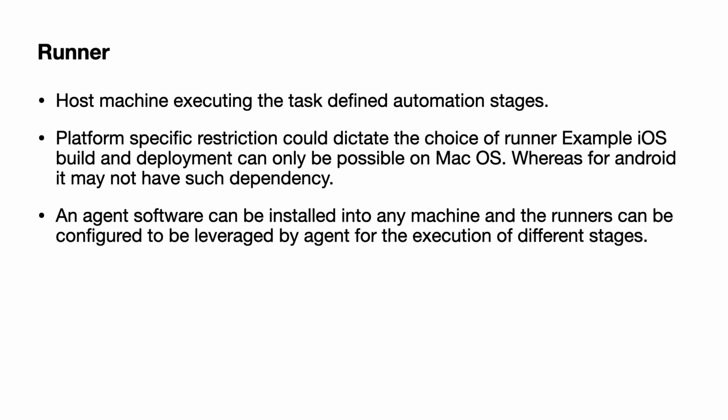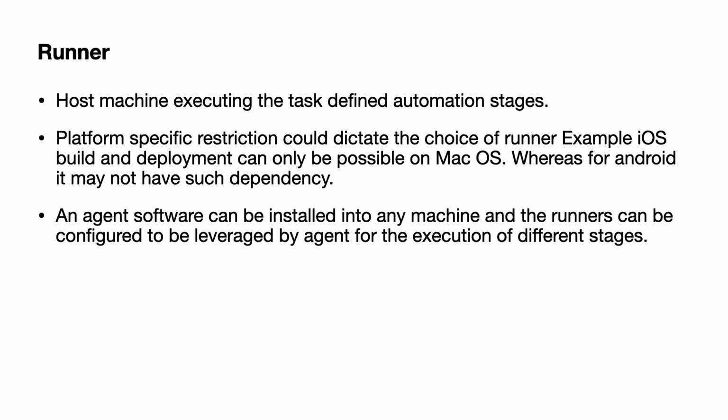An agent software also can be hosted on the runner machine. So what would happen is that the agent as well as the runner would be a single machine. However, in large projects, what typically happens is that there would be a requirement of multiple builds and the time for build would be required to be faster. In order to enable parallel execution, there will be multiple runners.